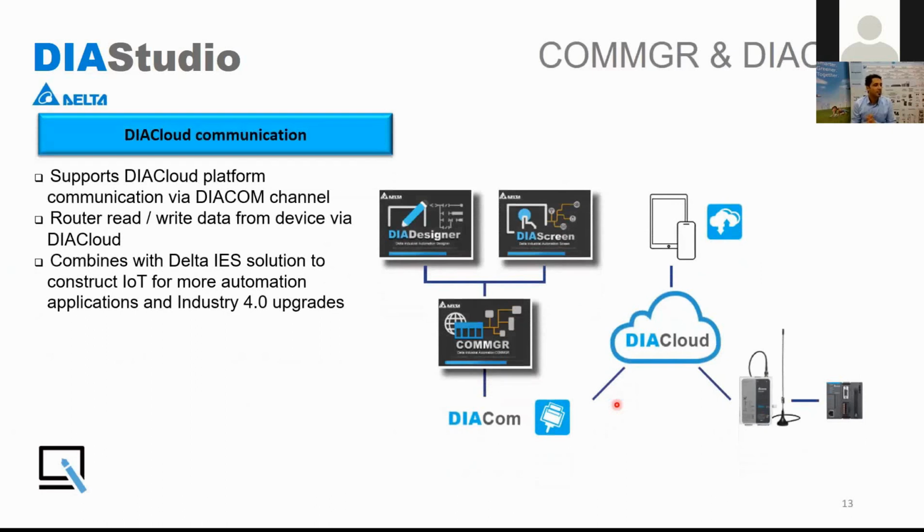Okay, what else? Com manager and the cloud, it was already supported, but there are some optimizations in that part. So the com manager performance increased for the cloud. So you can simply connect devices remotely with DX router.